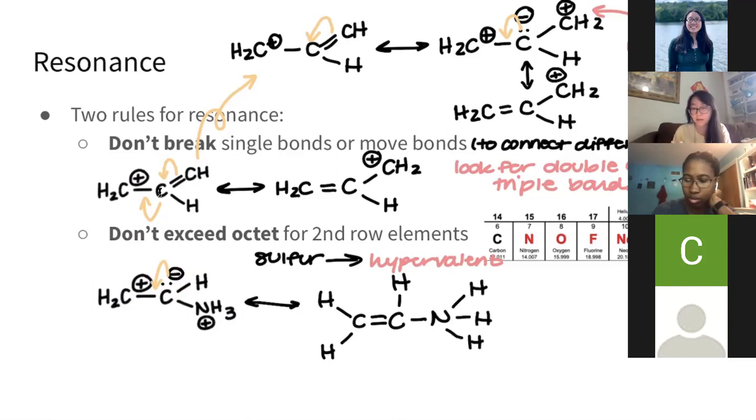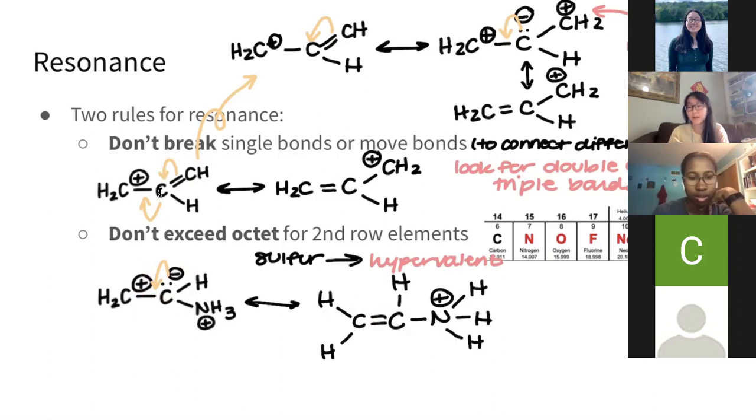So note now that we've moved that lone pair over to the left, this is now a double bond. Now that the CH2 has 1, 2, 3, 4 different pairs of electrons, its octet's going to be full, no more plus charge. So that carbon is happy, this carbon is happy, this nitrogen is actually still plus. And so we might be thinking, okay, well, we got rid of this plus charge, this minus charge.